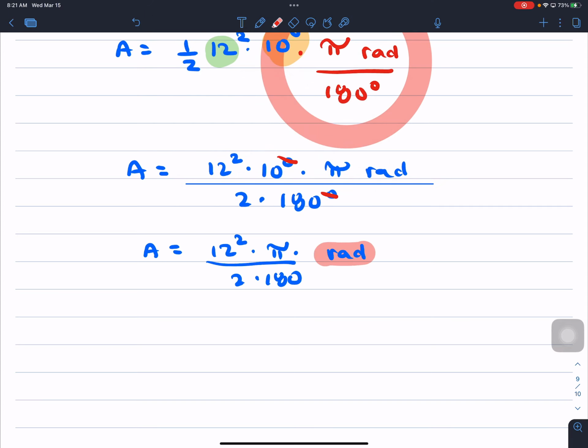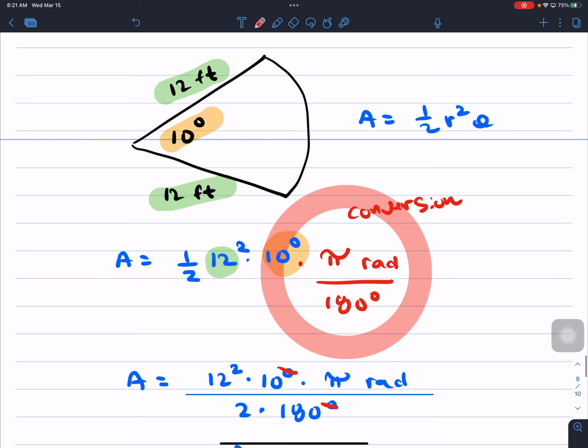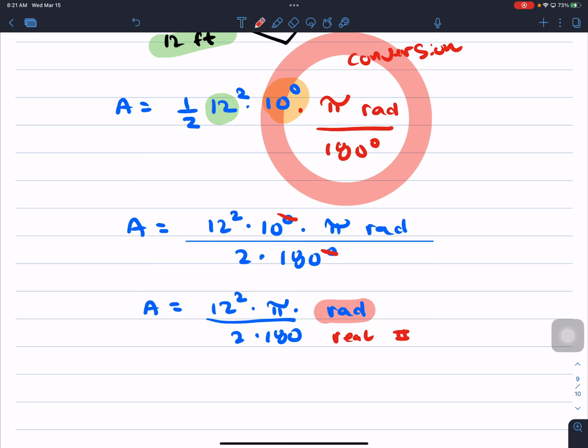Now this is a radian measure. So radian measure just means what? Real number. Okay? But does anybody notice something here? I didn't put down the units, did I? I put 12. I didn't put 12 feet. So what should really be here? Feet to the second power.